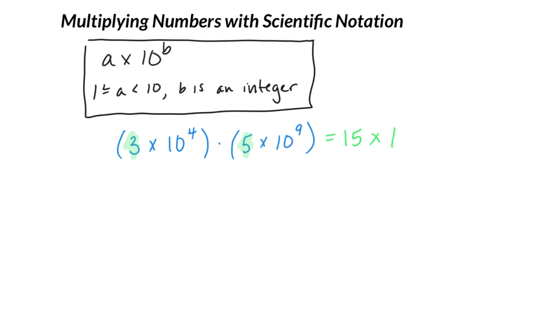And it feels like we're done. Unfortunately, we have an issue. And that issue is, by definition of scientific notation, we should not have our base number be greater than 10, and it is. So we need to figure out how to rewrite this in a way that satisfies our scientific notation.